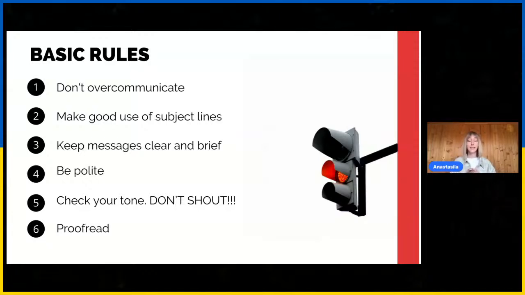So the first rule says that we shouldn't over communicate. What I mean here is sometimes we can talk about some really minor things which are not really essential. So there is no need to write an email to ask every single question related to your job.